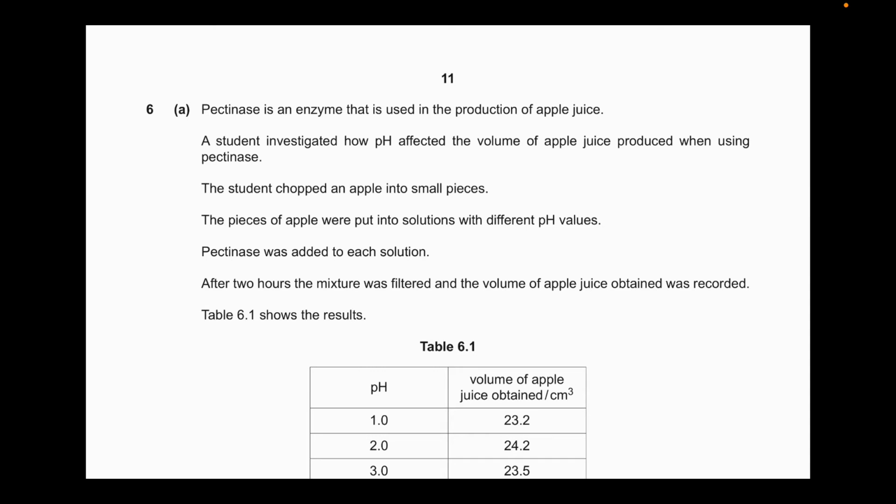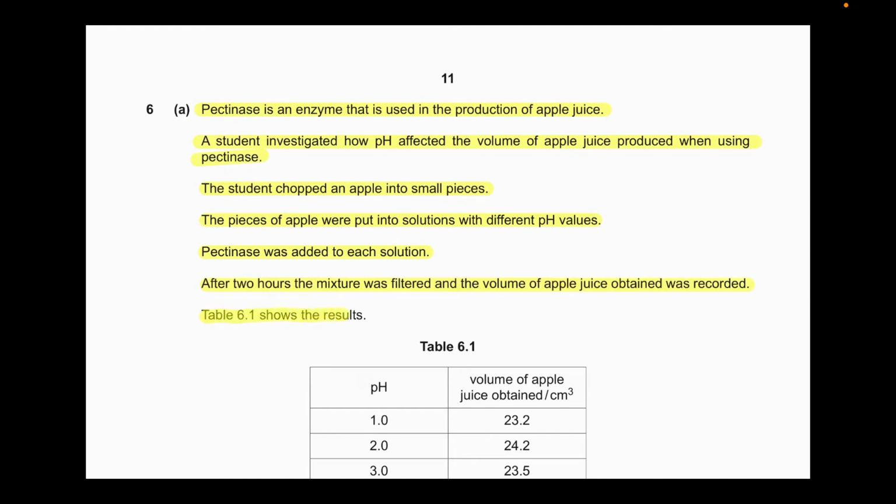Question number 6. Pectinase is an enzyme that is used in the production of apple juice. A student investigated how pH affected the volume of apple juice produced using pectinase. The student chopped an apple into small pieces. The pieces of the apple were put into solutions with different pH values. Pectinase was added to each solution. After 2 hours, the mixture was filtered and the volume of apple juice obtained was recorded.